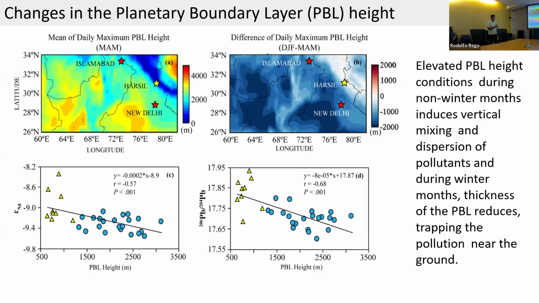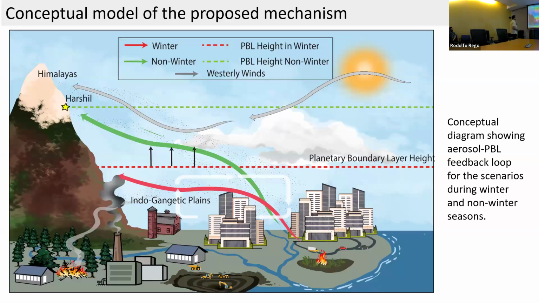But I will give you a simple scenario of how we explain this. In summer, the planetary boundary layer height is much higher, because the heat in the Indian continent in summer is quite brutal. We have temperatures around 110, 115 Fahrenheit throughout the summer season.